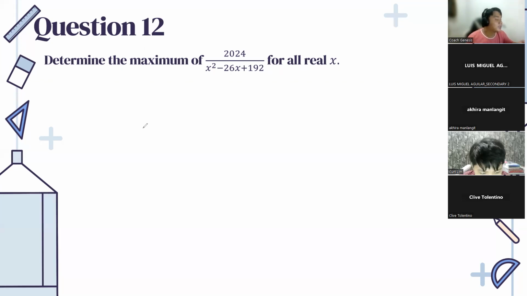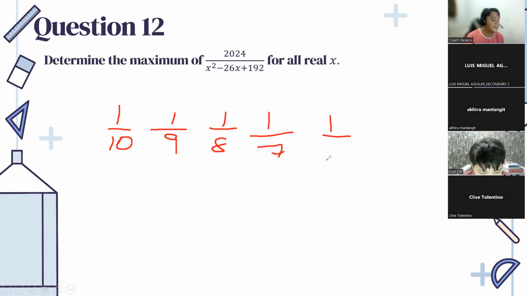Because for example, let's say you have 1/10, right? That is a value. If you want to get a larger value, you need to continuously minimize the denominator.